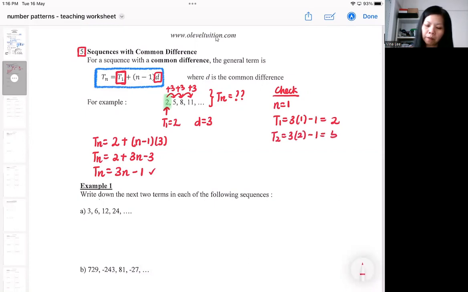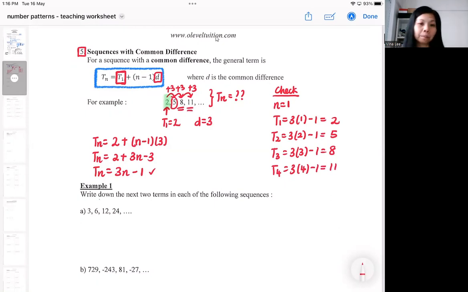It will give me a 5, which is the same thing here. T3, I got an 8. T4, I got an 11. So this is the correct formula that generates this number pattern.